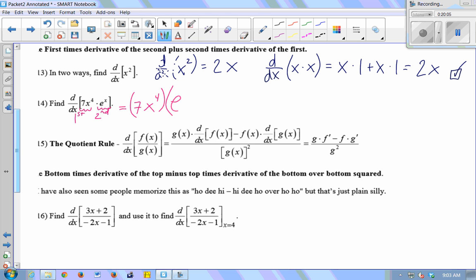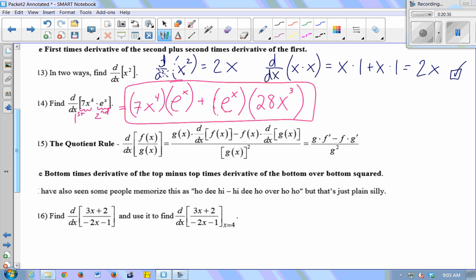E to the x. So first times the derivative of the second plus the second, which is just e to the x, times the derivative of the first. And what's the derivative of 7x to the fourth? 28x cubed. And I suppose we could try to factor or simplify, but who cares? I'm not sure that factoring would make it any simpler.